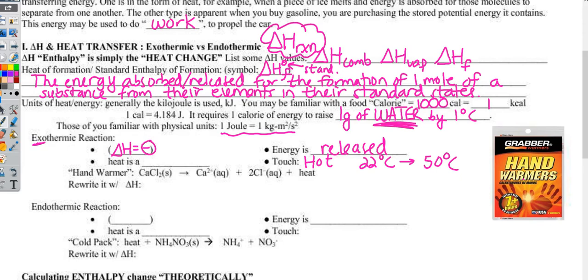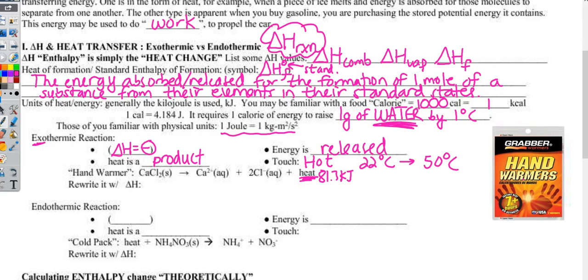And so heat, if anything is lost, if you remember, we go in on our reactants and out on the products. So then that means that heat must actually be one of the products. It must be on the product side. And so we can see here that we've got heat there, okay? I had actually looked up what the energy change was, and it actually ends up being that the heat change is 81.3 kilojoules for every 1 mole of calcium chloride that dissolves.